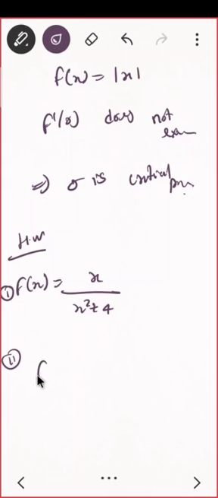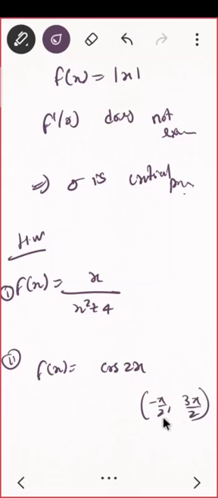Second question, you can take f of x is equal to cos 2x in the interval minus pi by 2 to 3 pi by 2. Try to find maxima and minima of this. First you have to find critical points, then the next thing is to find local extremum.